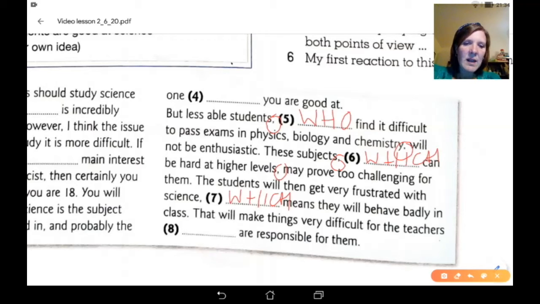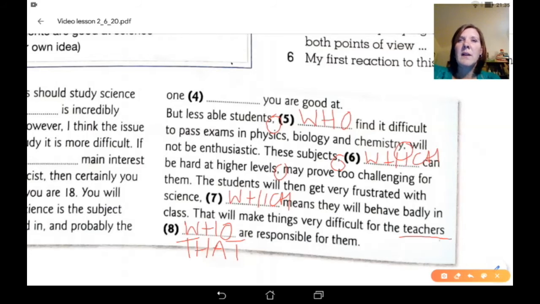Finally, that will make things very difficult for the teachers who or that. Okay, here it's not possible to omit anything because teachers is the subject and not the object.